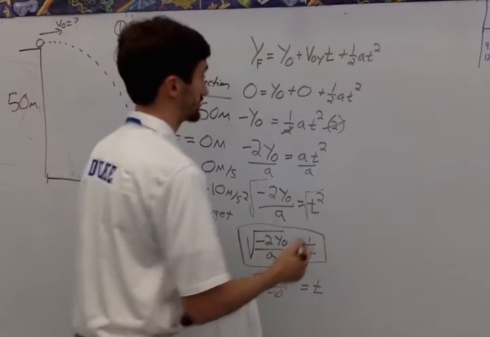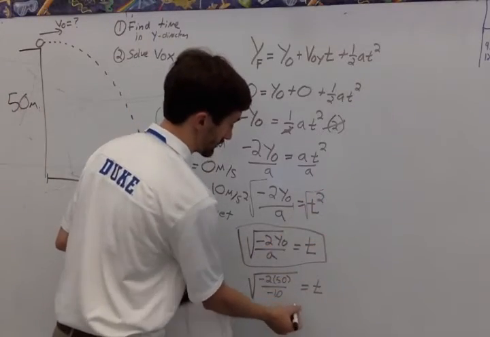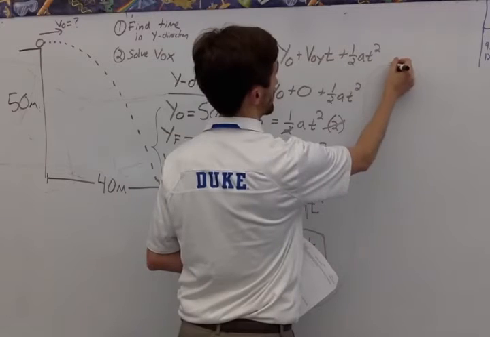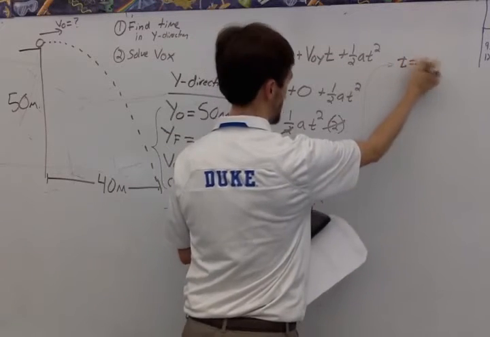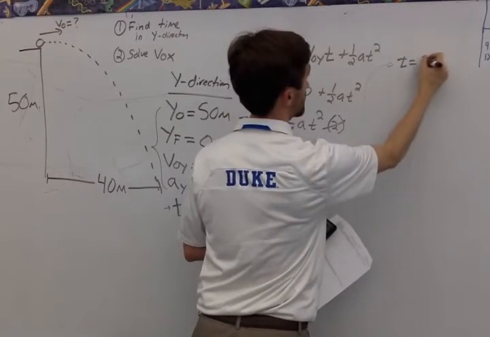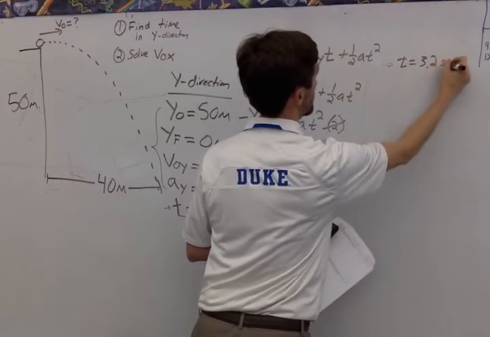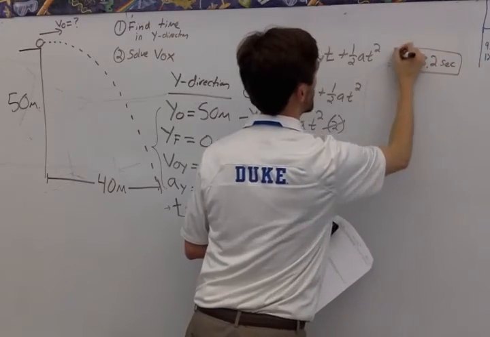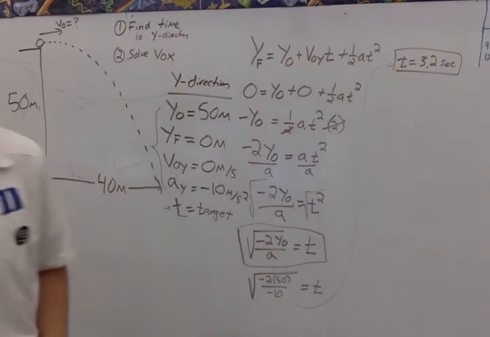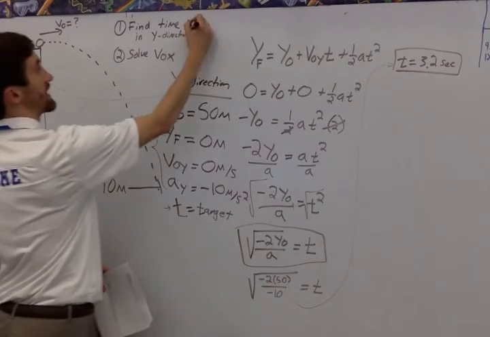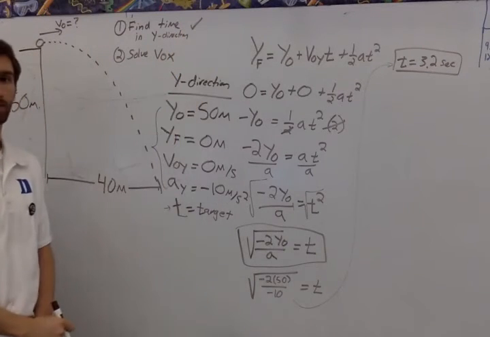That's going to give us that time equals 3.2 seconds. Time equals 3.2 seconds. So we have found the time in the y direction.